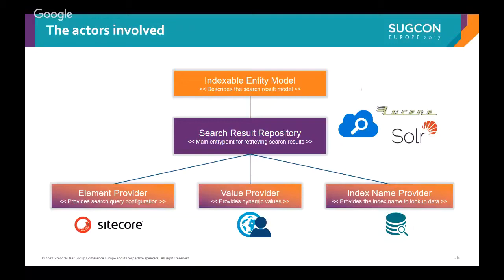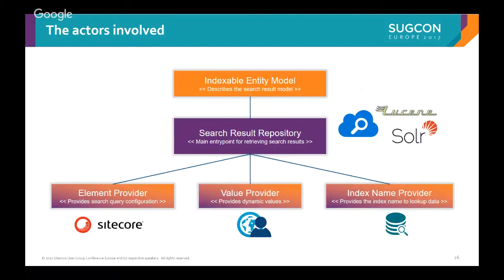And out of the box, Conjunction ships with a Sitecore item configuration element provider. So that's all set for you. But let's say you wanted to have your own provider for passing in search element configuration. You could totally do that.